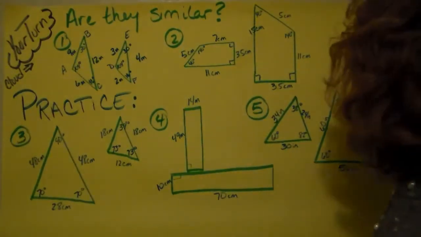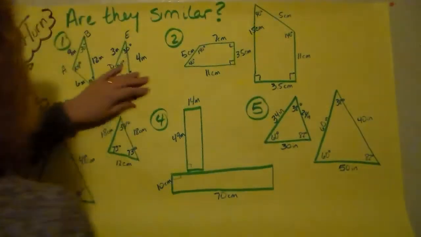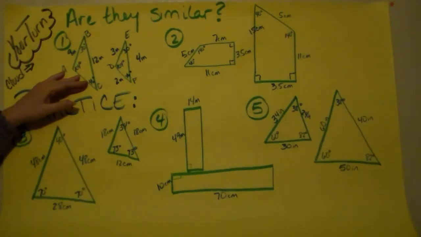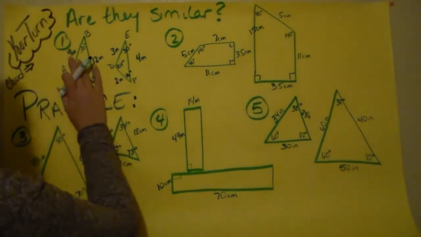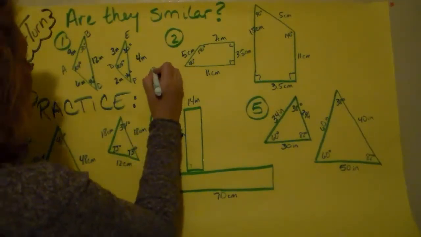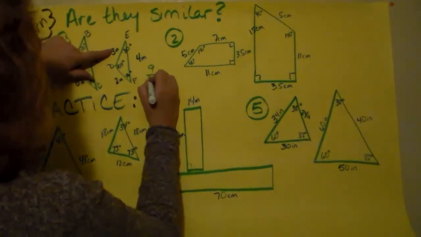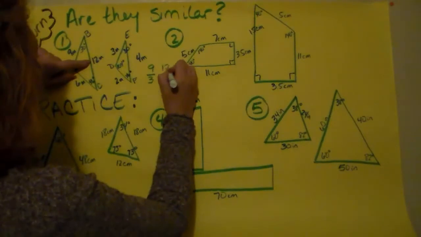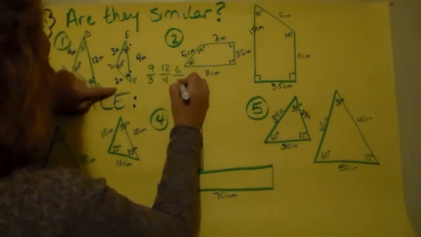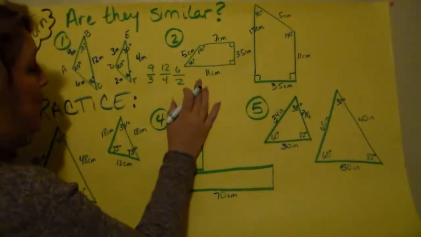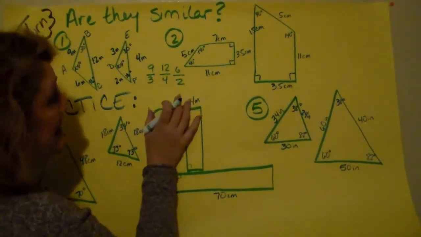Okay. First off, they all have the same angle measurements, so we're good with that. So now, we're going to do 9 to 3, 12 to 4, 6 to 2. So now we're going to see if they can reduce down to the same thing.